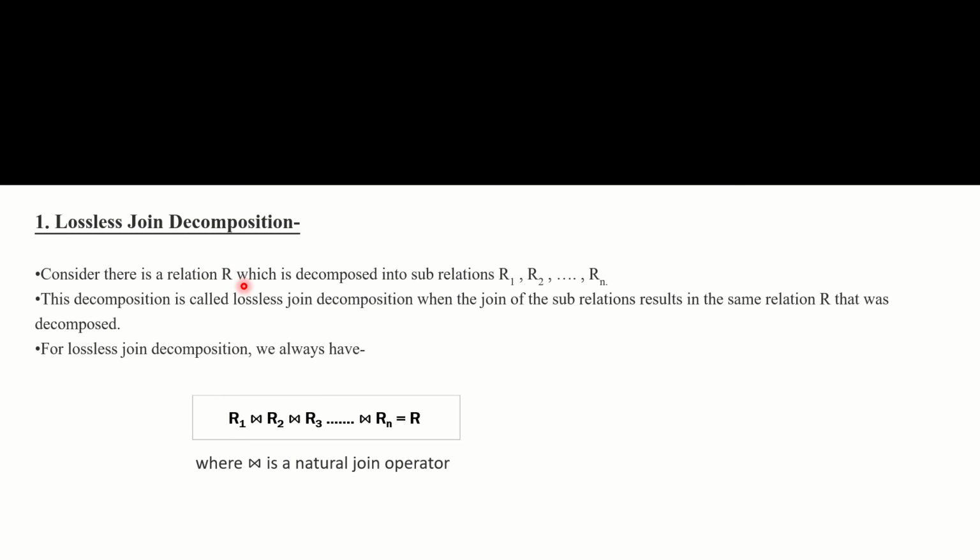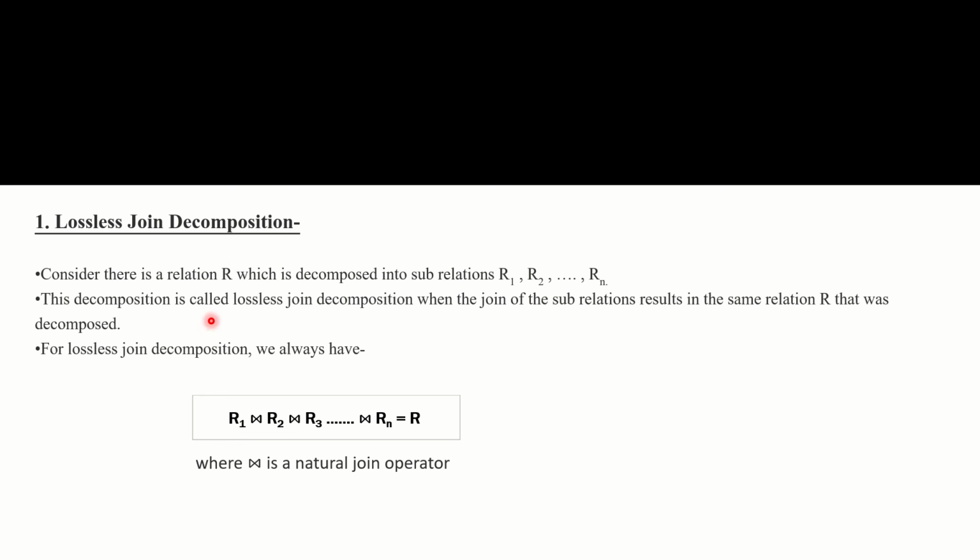For that purpose, suppose we have a relation called R, and suppose we are decomposing this R into subrelations R1 to Rn. We can say that this decomposition of R into R1, R2, etc. up to Rn is a lossless join decomposition if we join all these subrelations, and that results in the same relation R, which was decomposed.